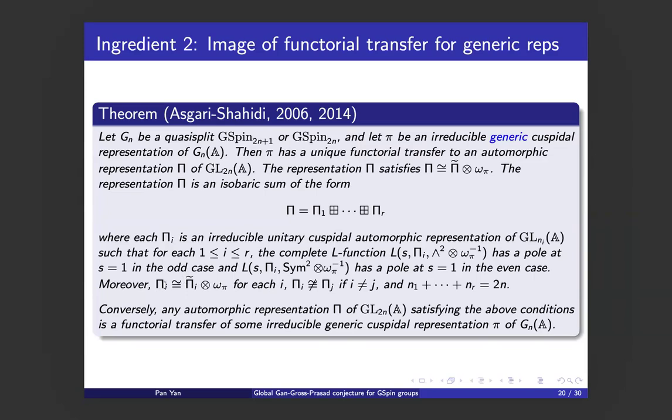Moreover, each capital Pi_i is isomorphic to its contragredient tensor with omega_pi for each i, and each piece Pi_i is different from Pi_j if i is not equal to j. Conversely, any automorphic representation capital Pi that satisfies the above conditions is a functorial transfer of some generic cuspidal representation of the GSpin groups. So this result gives a complete description of the image of the functorial transfer for generic representations.